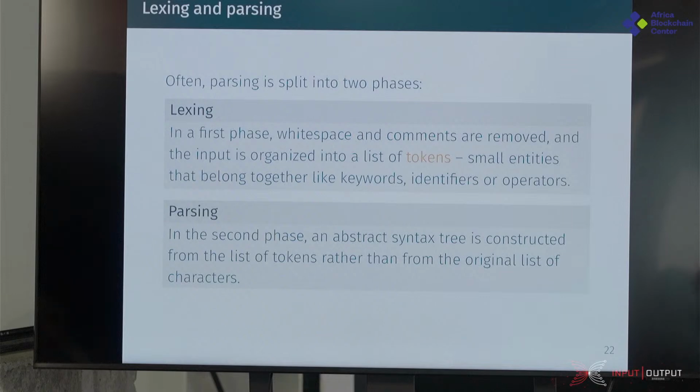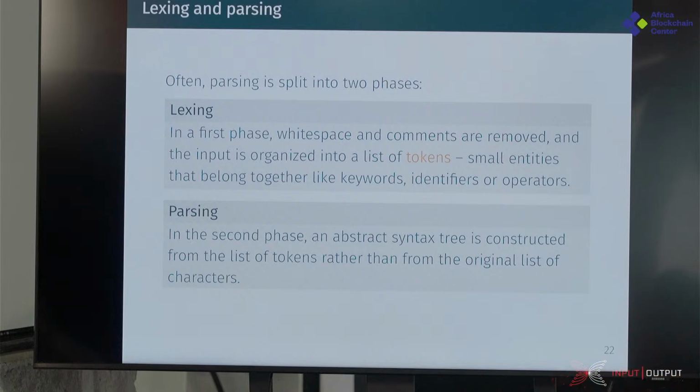So you start with something like let x equals 42, and then let would be a keyword, that would be one token, x would be a name, equals would be an operator, and 42 a number. So it raises the abstraction level a bit, so you don't have to worry about white space between the equal sign and the 42 anymore. That is like a preprocessor for the parsing, and then you do the actual parsing once you have the tokens. That's how it's traditionally done.